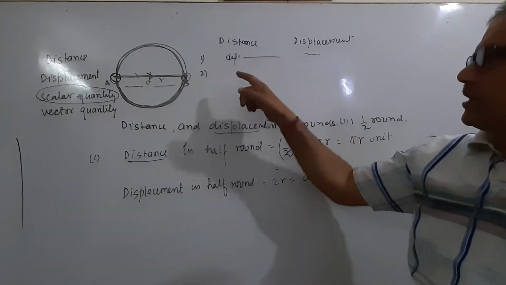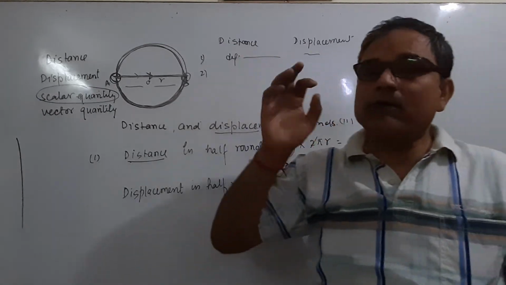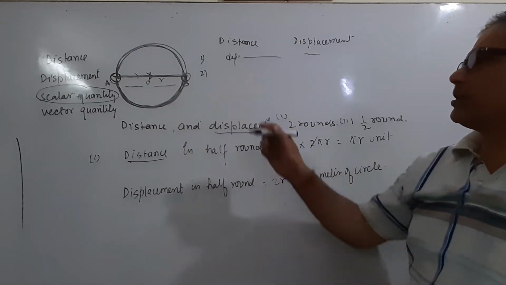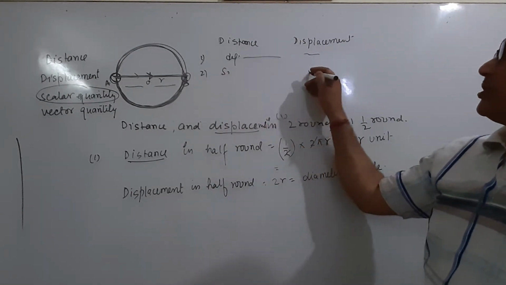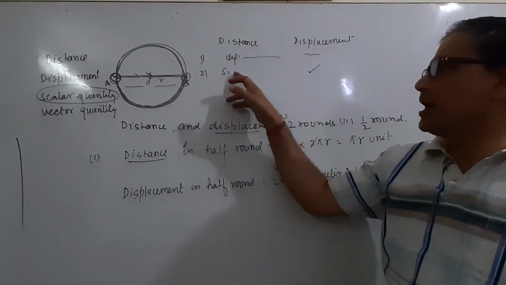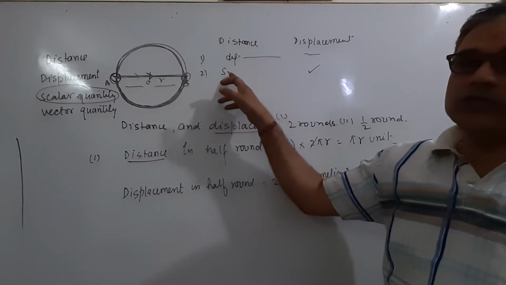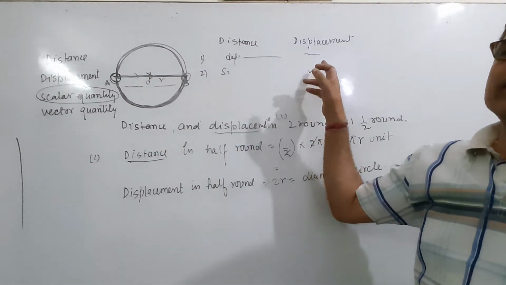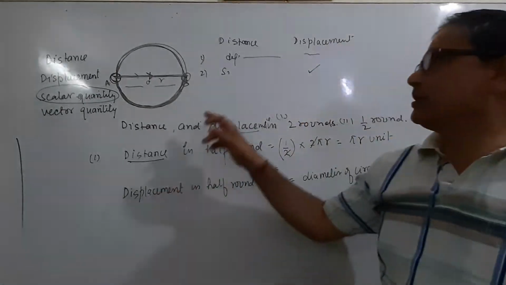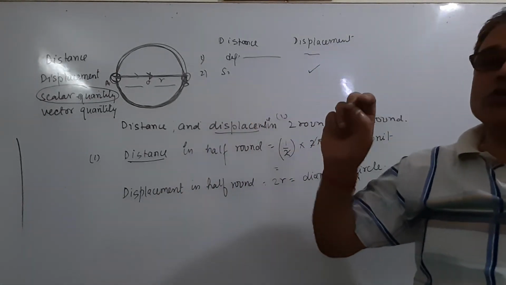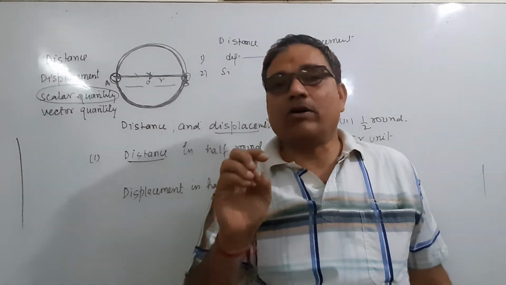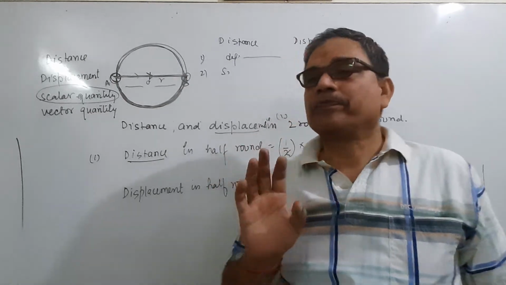Second, distance has only numerical value, only magnitude, therefore it is a scalar quantity, and displacement is a vector quantity, having both magnitude as well as direction. And third, distance can never be zero and is always greater than or equal to displacement.